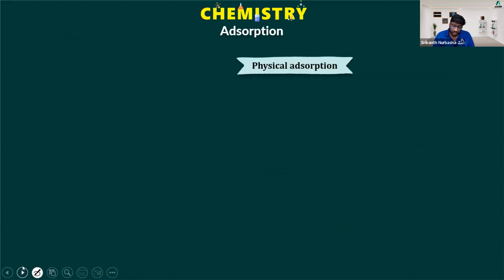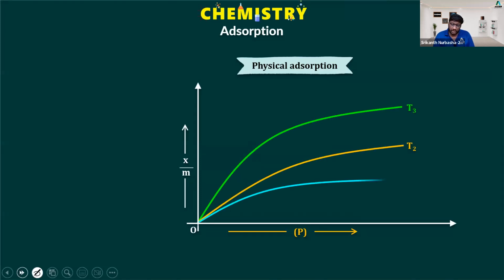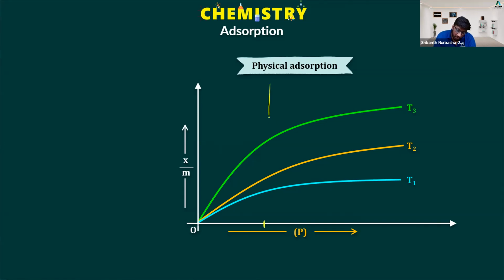In physical adsorption, if you plot x by m versus pressure at three different temperatures T1, T2, and T3, what is the relationship between T1, T2, T3? T1 is greater than T2 and T3. Because if you consider any pressure and draw a straight line parallel to the y-axis at a particular pressure, these are the respective points.